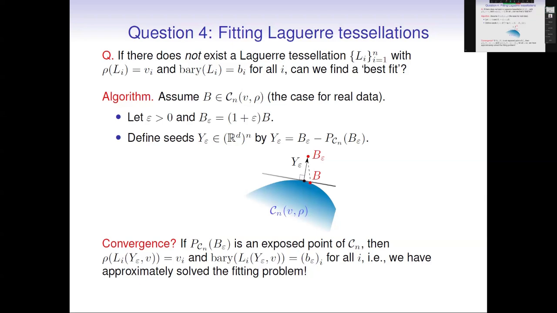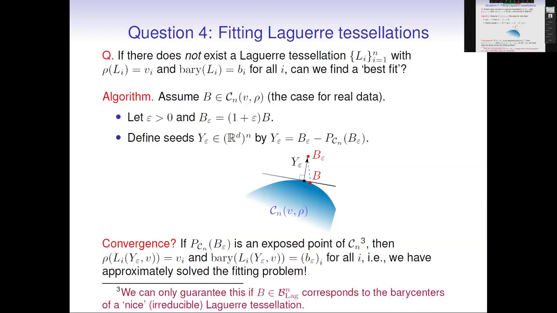But the question is, when you project back, do you really hit an exposed point? We don't know if that's always the case. What we can prove is a convergence guarantee for the case where B actually comes from a Laguerre tessellation to start with. So that's not so useful, it's more like a reconstruction problem.